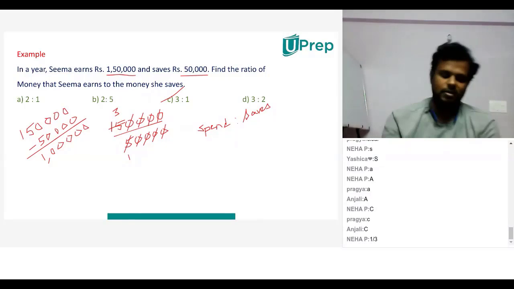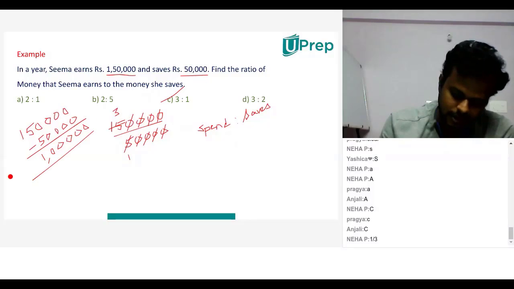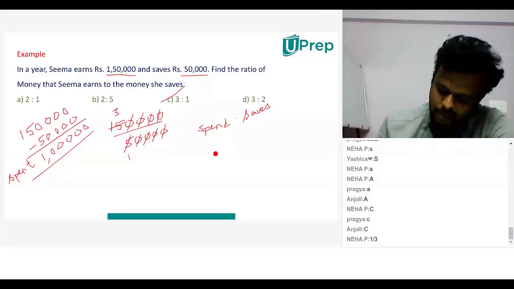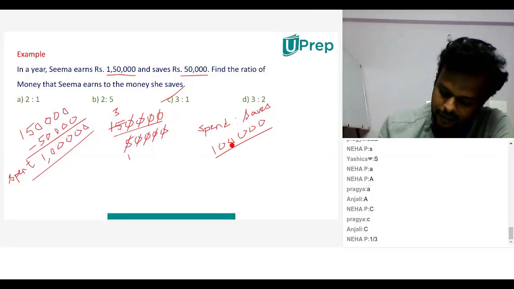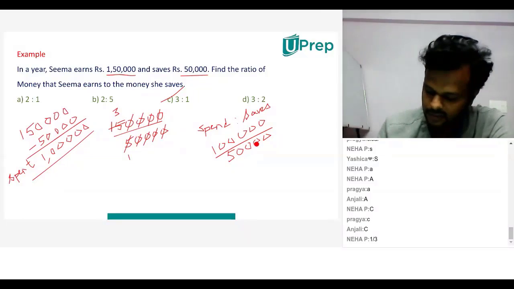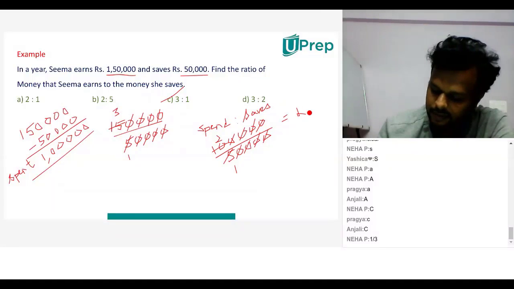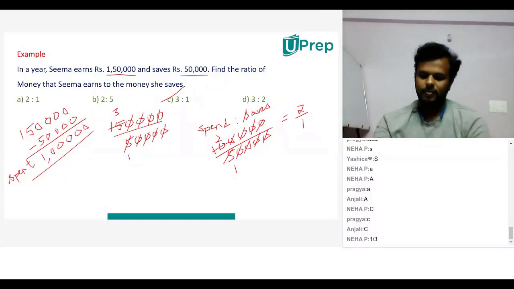So this is the amount that is spent. So the ratio will be what? Spend is to save will be 1 lakh divided by 50,000. So that will be what? This is 5 ones, this is 5 twos. So the ratio of spending to saving will be 2:1. That will be the answer, children.